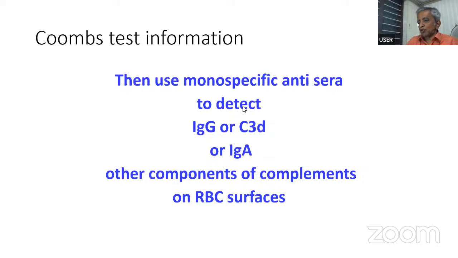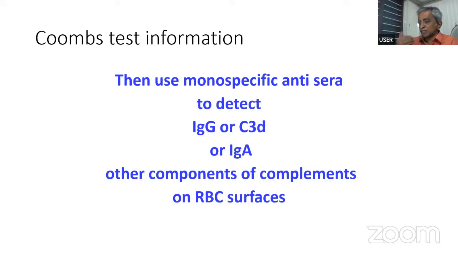You have a polyspecific antiserum. Then you can use specifically anti-IgG, anti-C3d, anti-IgA. They will narrow down the possibility and identify whether it is IgG, C3d, IgA or IgM.